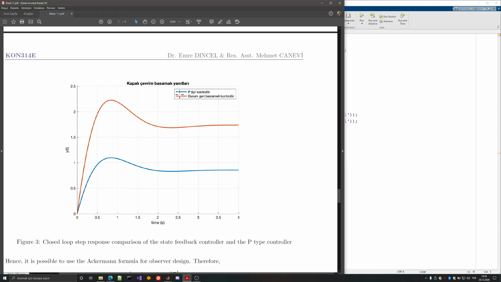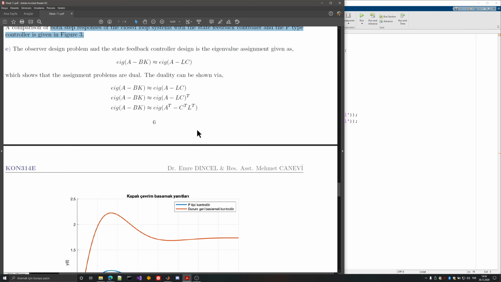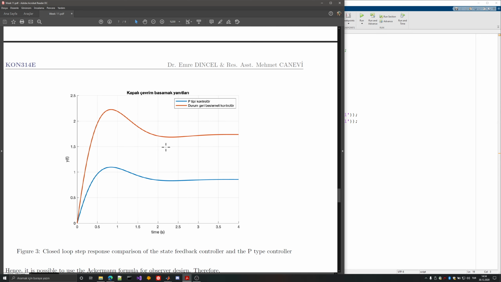Now we can see that the p-type controller generates this output, whereas our state feedback generates this here, and the only difference here is the gain in the closed loop. If you add a gain, you will get the same result here.